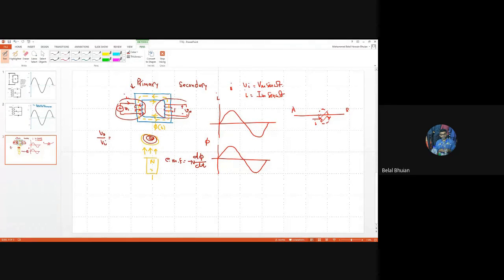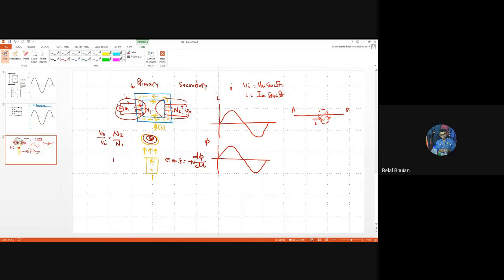If the number of turns here is N2 and the number of turns here is N1, then it should be N2 divided by N1. So the output voltage of the secondary, whether it is higher or lower, depends on N2 divided by N1.